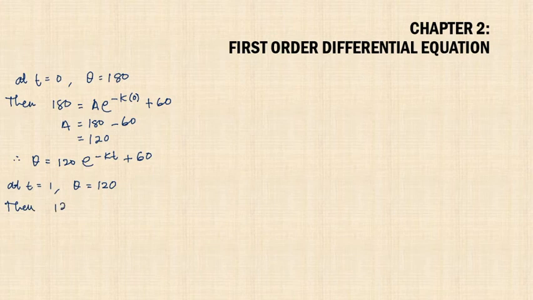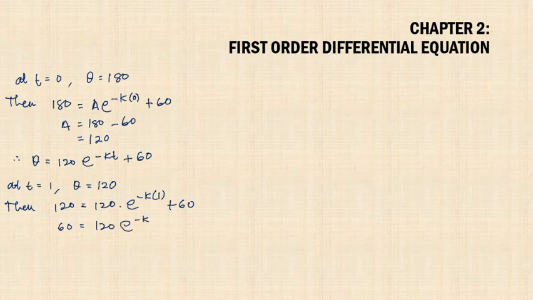So we have 120 degrees equals 120 e power of negative k times 1 plus 60 degrees. So we bring 60 degrees to the other side, so we have 120 minus 60, then we have 60 equals 120 e power of negative k.